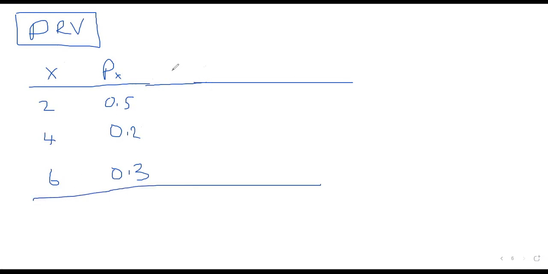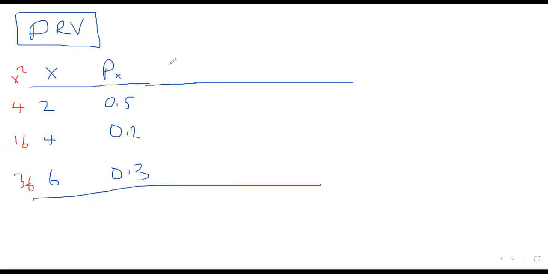To find the mean, firstly, let's square the values of x: 4, 16, and 36.